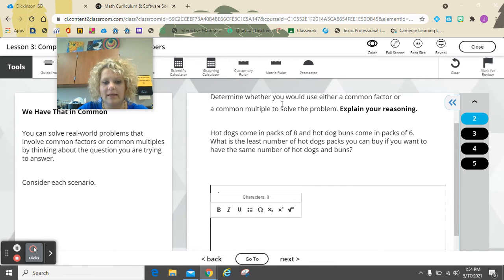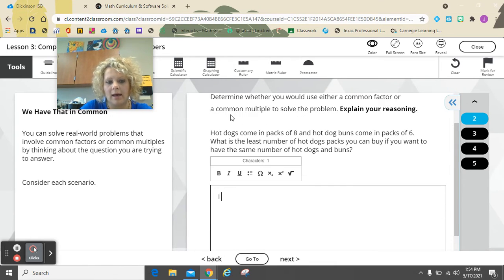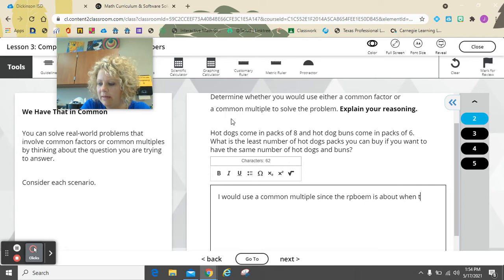So I'm going to go ahead and put here, I would use a common multiple since the problem is about when the two different quantities of items will have the same amount.